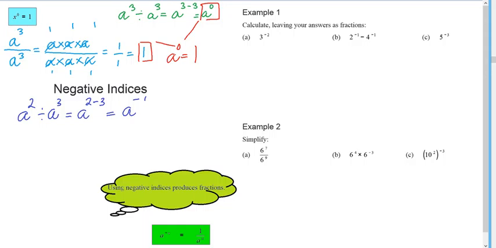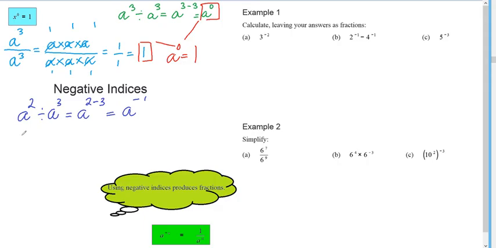But what does that really mean? In order to get an idea as to what that means, we're going to look at it in its expanded form. And the expanded form is really a simplistic way of looking at indices, just trying to prove those rules.